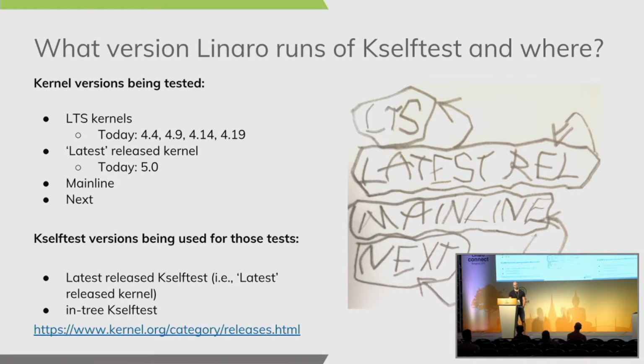So today the latest release is 5.0, so we run Kselftest from 5.0 against all the LTS versions that are out there. And today it's 4.4, 4.9, 4.14, and 4.19. For mainline and next, we run whatever is in tree.